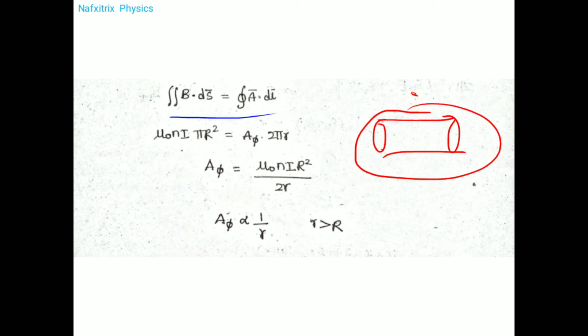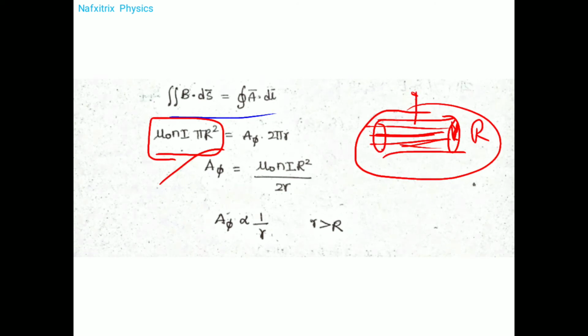That means the solenoid is of radius capital R. So hence mu 0 n i into pi R square. Only in this solenoid the magnetic field lines exist, because the magnetic field inside the solenoid is uniform and outside the solenoid it is 0. There are no magnetic field lines outside the solenoid; they are only lying inside the solenoid. So the total magnetic flux in that particular area is nothing but mu 0 n i into pi R square, within the radius of the solenoid.